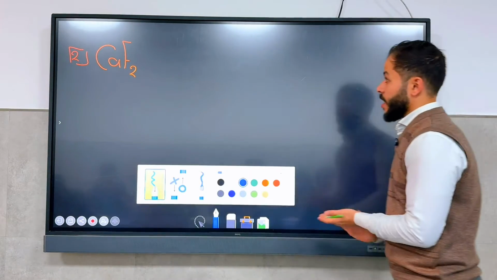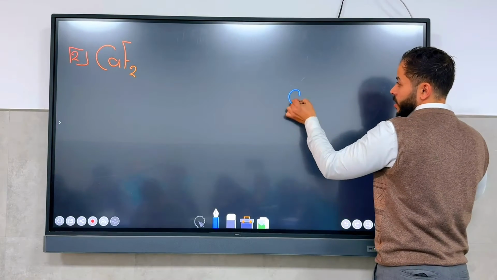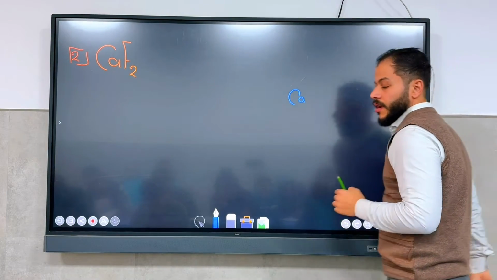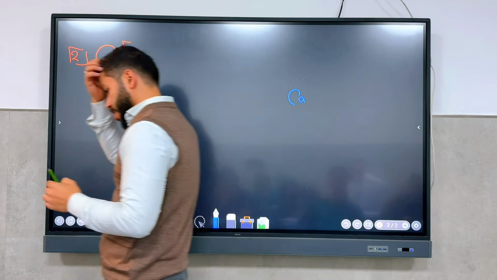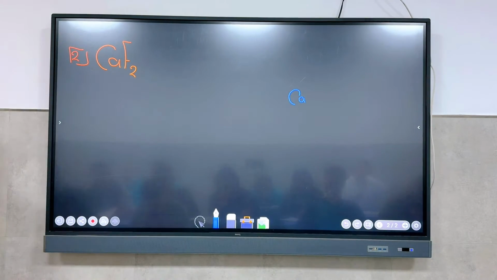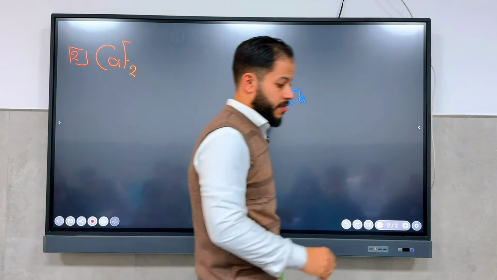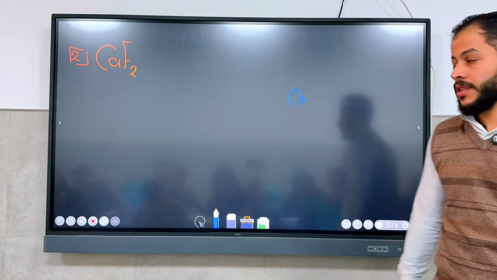So let's draw the calcium atom here. This is the calcium. The calcium is in group number 2. How many electrons does it have? If you look at the periodic table, what is the atomic number of calcium? It's 20.